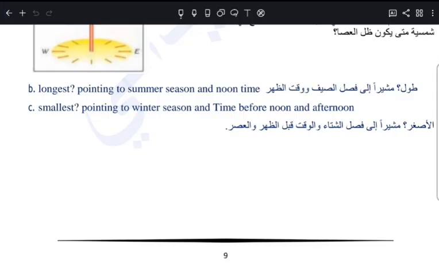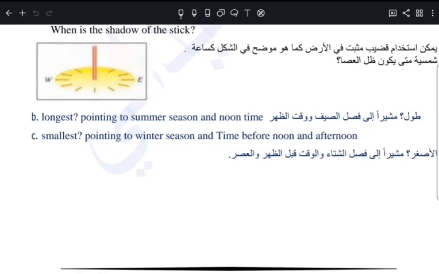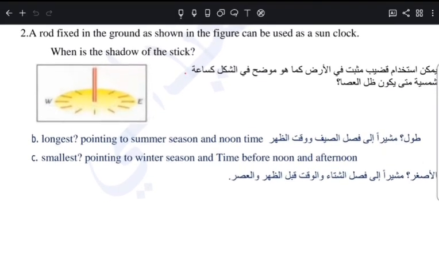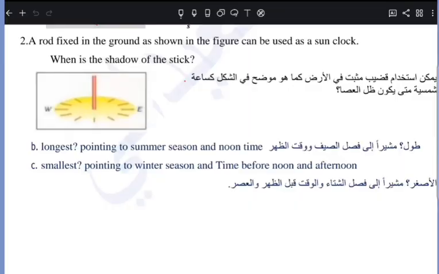I'm not sure. Do you understand this question? No, not really.